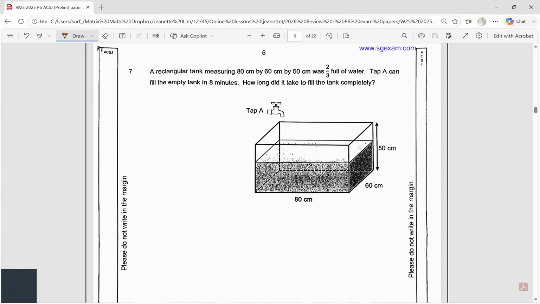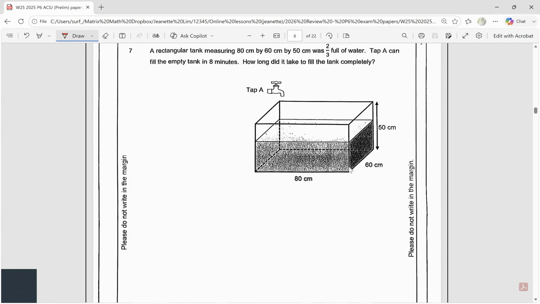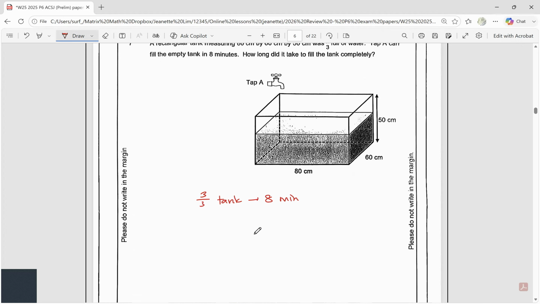So if you want to find how much is needed to fill it up, this is already 2/3 filled. So the full tank will take 8 minutes. So what are you trying to fill? You want to fill only 1/3. Okay, so the time taken is actually just 1/3 of this 8 minutes.